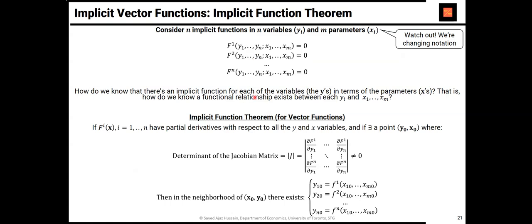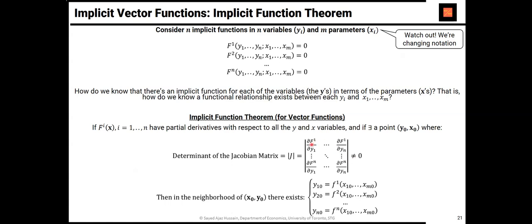So lo and behold, the way we do this is we take the Jacobian matrix, which was the matrix of first derivatives. Previously we said that if you only had one y variable, you were insisting that the partial derivative of the implicit function with respect to y was not equal to zero. But since you now have several y's, it's not saying that you should have each element be nonzero. Rather, what you're saying is that the determinant of this Jacobian matrix must not be equal to zero.